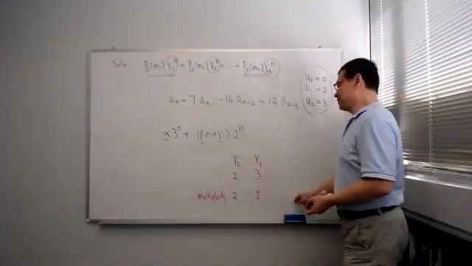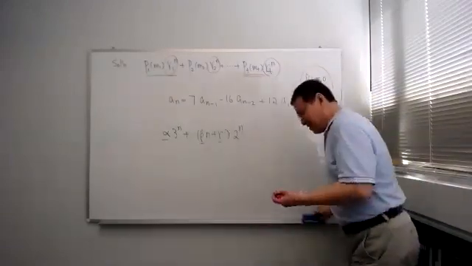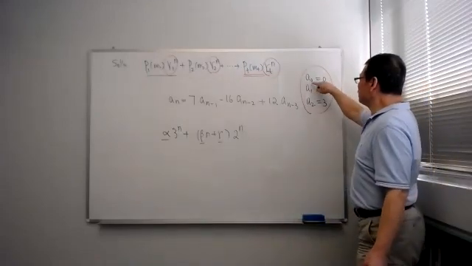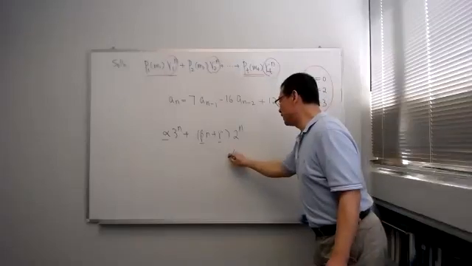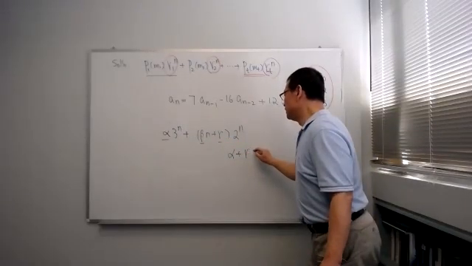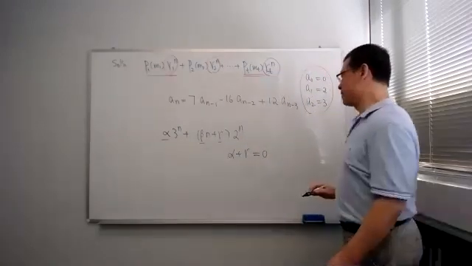All right. So let's see. For n equals 0, that's what we have. 0 gives us alpha, so this one, 1, plus gamma equals 0. Right?